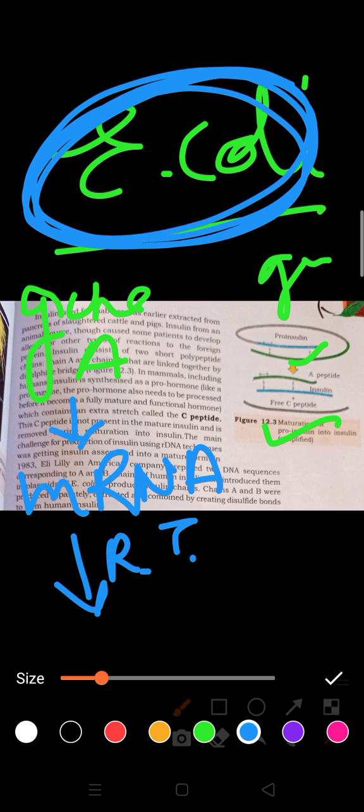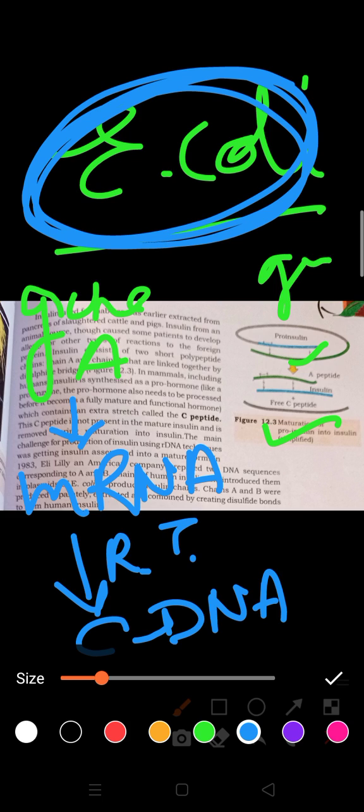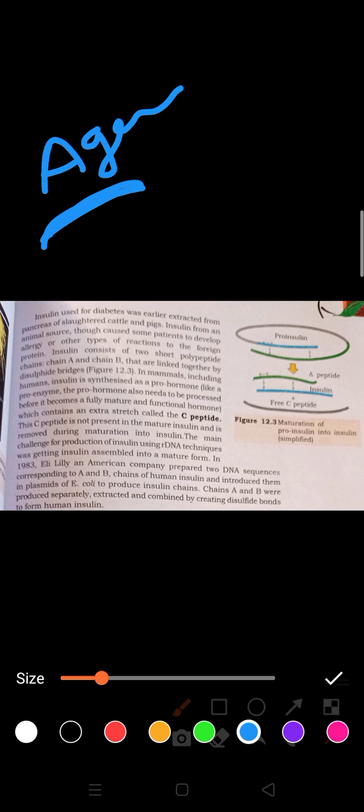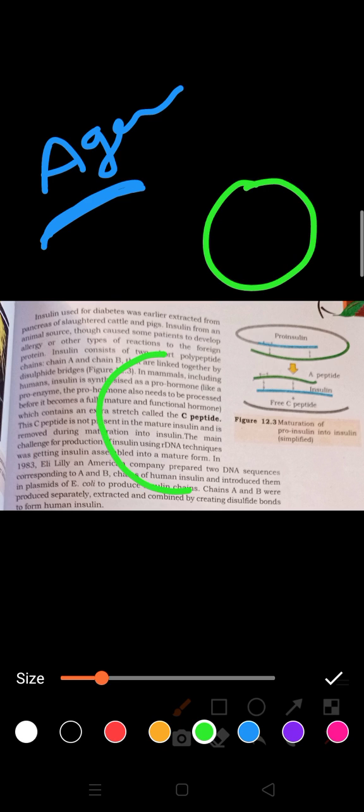So what we do, we make cDNA, which is known as complementary DNA. What is formed by reverse transcription? cDNA. cDNA means the DNA which codes for the A gene. And here is the plasmid. You insert this cDNA into this plasmid, and then where do we put this plasmid? Inside E. coli.